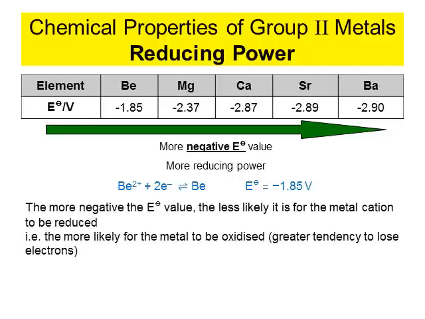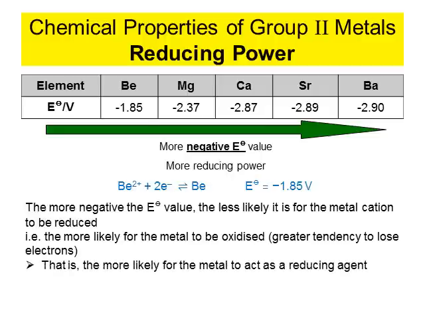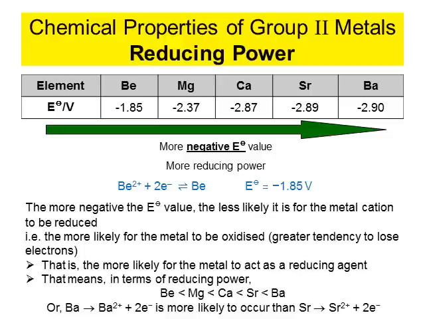That is to say, the more likely it is for the metal, that is beryllium, to be oxidized into beryllium 2+. So, if we want to look at it in the oxidizing reducing agent system, we are saying that beryllium is likely to act as a reducing agent. Following that, magnesium more so, and all the way down to barium. Barium is extremely likely to act as a reducing agent.